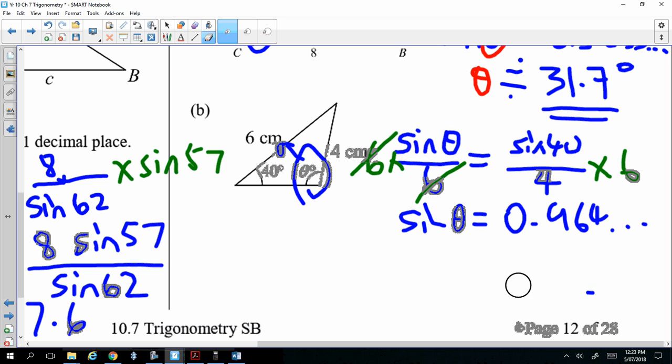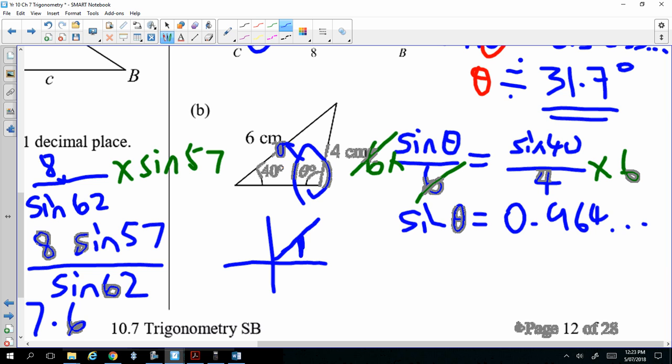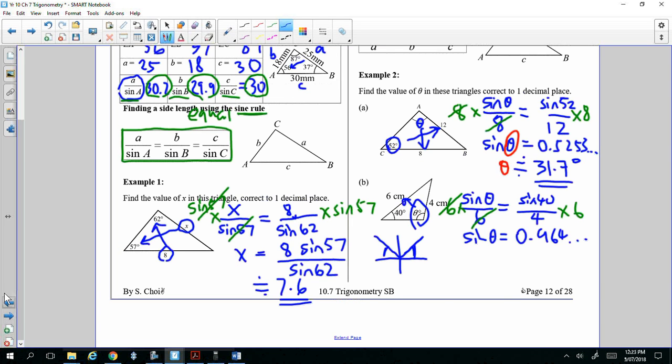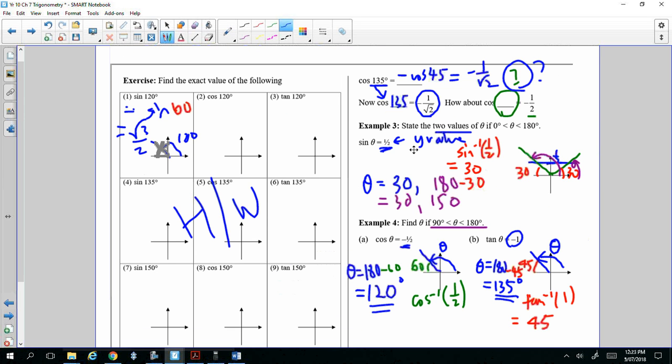Now remember, from the previous exercise, sine is positive in the first quadrant when it's acute, or in the second quadrant. So going back to the last lesson, for the same ratio, when sine theta is half, it can be 30 degrees acute or obtuse. In this case, we want the obtuse angle. To get the obtuse angle, we must do 180 minus.